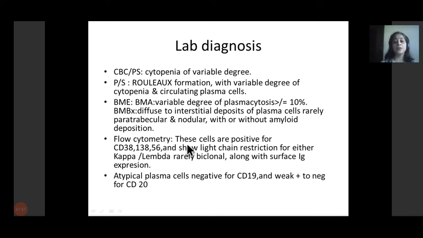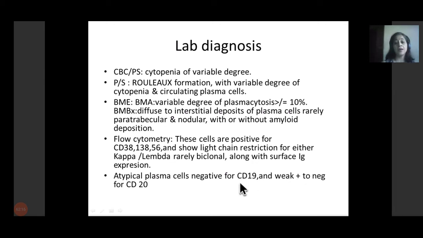For flow cytometry, we again put up these cells from the bone marrow aspirate, EDTA sample, for markers like CD38, CD138, CD56, CD19, and light chain restriction expression, along with the surface immunoglobulin expressions. I'll be showing you in the subsequent slides how they come up. The atypical plasma cells are always negative for CD19, though it's a B cell progenitor which has become a plasma cell or a memory cell.